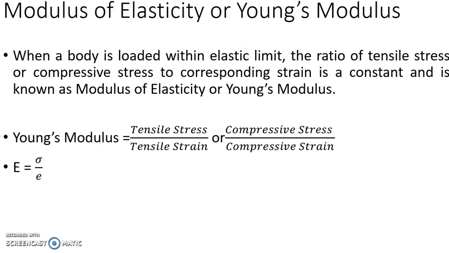It is the ratio of tensile or compressive stress to tensile or compressive strain. It is a constant denoted by E, and its unit is Newton per mm square.